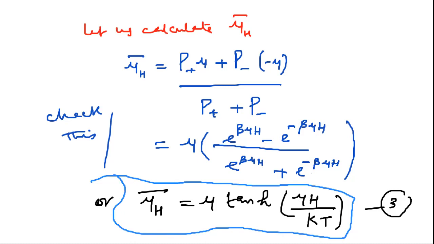So it is mu times tan hyperbolic of mu h by kT, where we have used the definition of hyperbolic tangent.